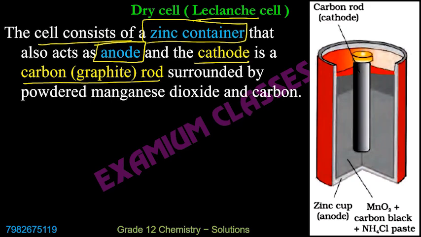Whenever next time you have pencil cell, triple A size, double A size in your hand, just think about it that the outer container is actually anode surrounded by powdered manganese dioxide and carbon. So manganese dioxide and carbon is here, which is also known as carbon black. And cathode is just a carbon rod.